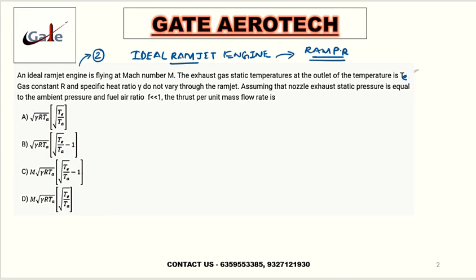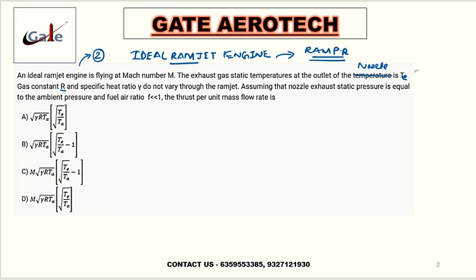An ideal ramjet is flying at a Mach number M. The exhaust gas static temperature at the outlet of the nozzle is TE. The gas constant is R and the specific heat ratio is gamma. They do not vary through the ramjet. What does it mean?